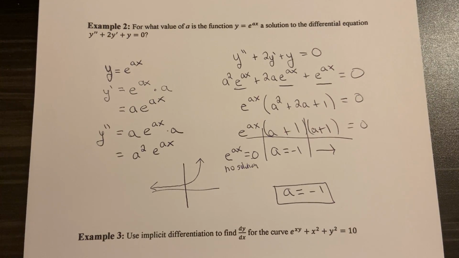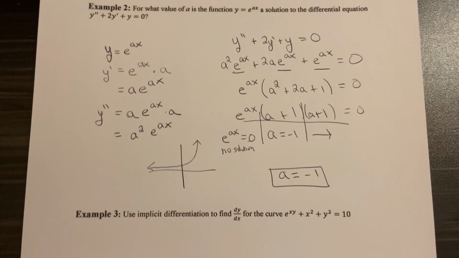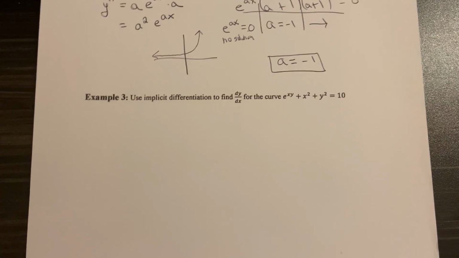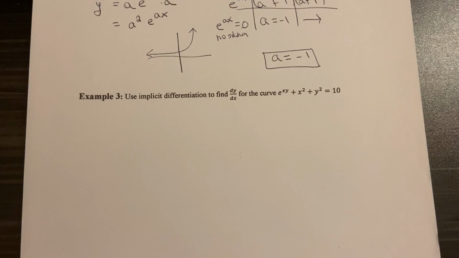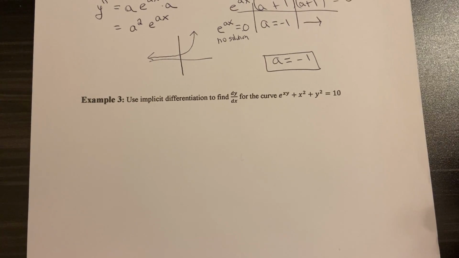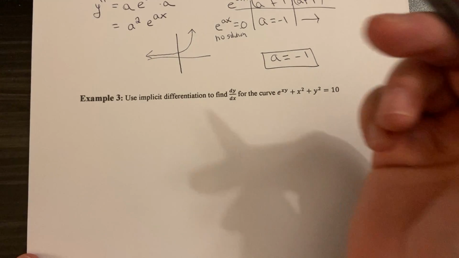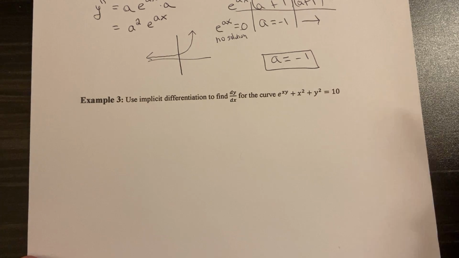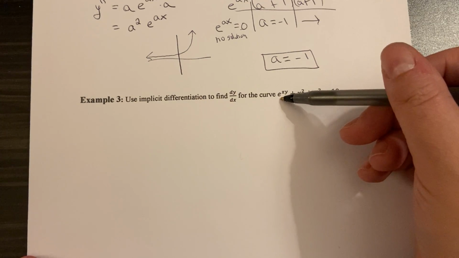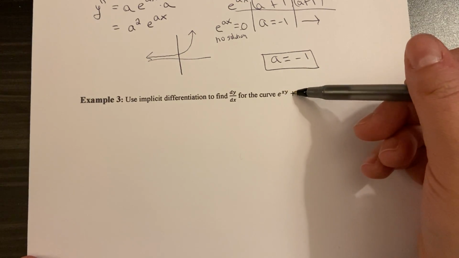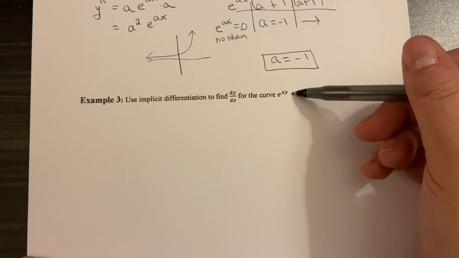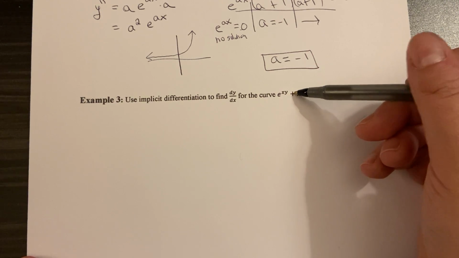Okay, so then for example 3, they're saying use implicit differentiation on this curve. It's something we've done a million times, it's just that now we know how to take derivatives with exponents. So the derivative of e to the xy is first. That's going to be a little tricky.